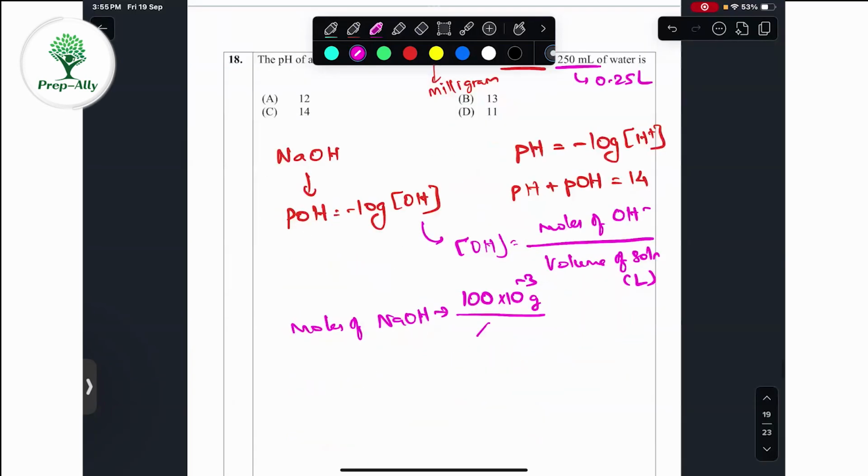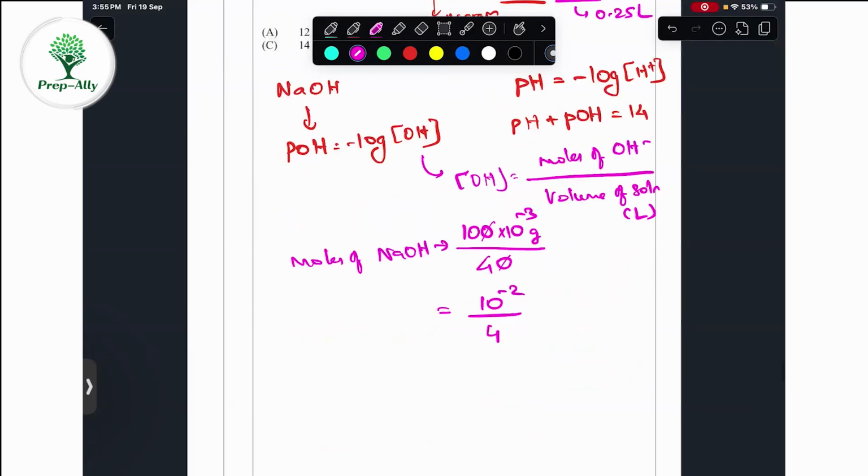So we'll get 40. So the 0s can get cancelled, right? And the remaining part, I can write 10 power minus 2 divided by 4 moles.